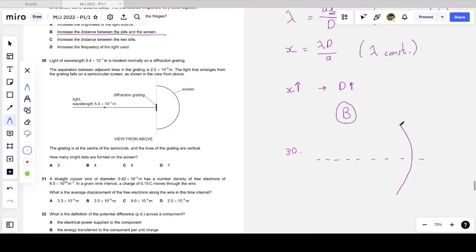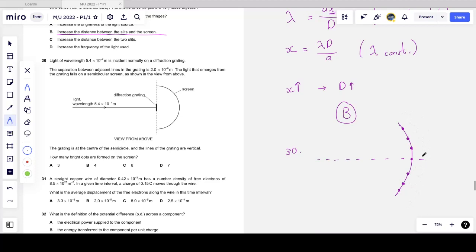Since the light is diffracting from the grating, it's going to diffract out and form a diffraction pattern of bright spots and dark spots. And the central point will be bright. And then there'll be an equal number of bright spots on either side because of symmetry. So we aren't restricting any spots on either side, so we can have one bright spot at the center and then the others around it.